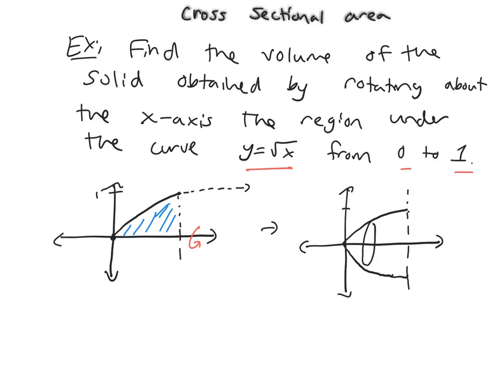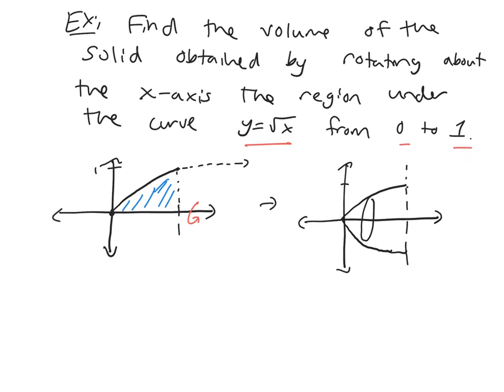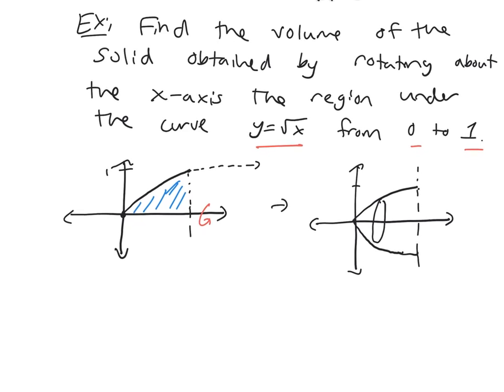So what I need to do, if I'm going to find the volume, I said that the integral depends on our cross-sectional area. So what I want to do is take a slice of this object here. Let me do that here in this picture, the first picture.